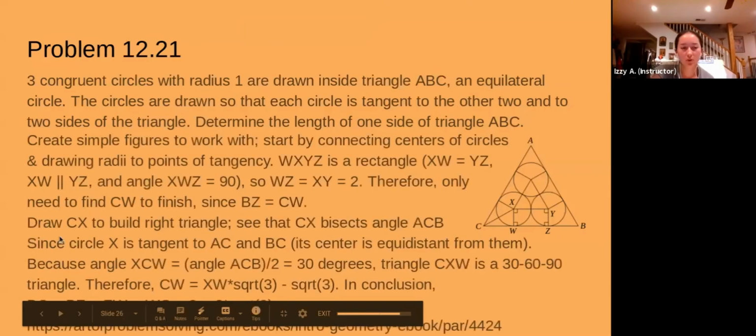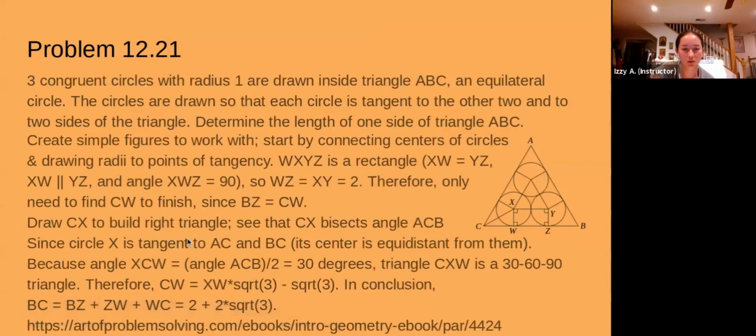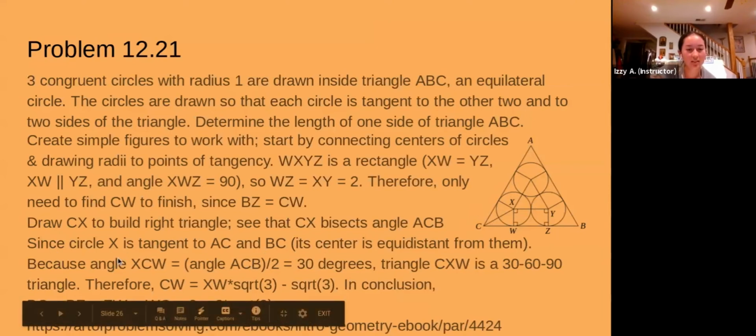So what we do is draw CX to build the right triangle, and we see that CX bisects angle ACB, since circle X right here is tangent to AC and BC, and its center is equidistant from them. Sorry, Siri got activated. Okay, since circle X is tangent to AC and BC, its center is equidistant from them.